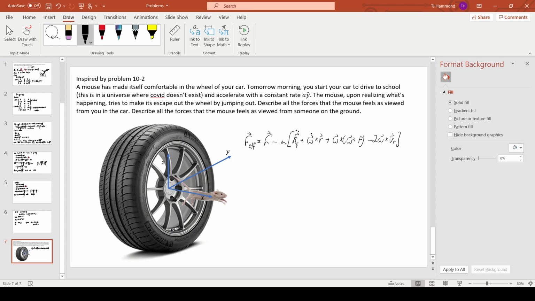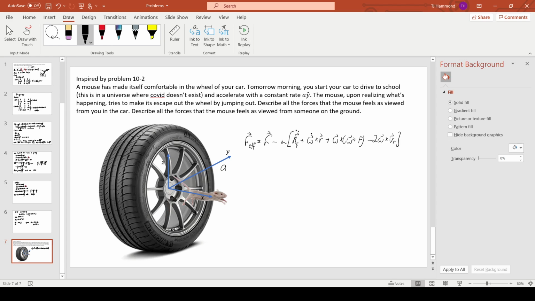Okay, so as you're driving your car away, this thing's going to have an acceleration a in the y direction. And also, well, I guess I could draw it from the mouse.